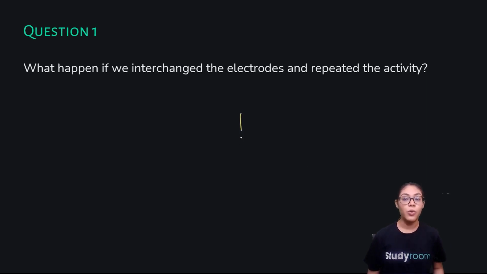Then the metal will again get drawn from the electrode where it was deposited towards the first electrode that was connected to the positive terminal. Correct? So now we have interchanged. The metal is already deposited here. Now if we interchange, then the deposited metal will again go back to the original electrode. Correct?